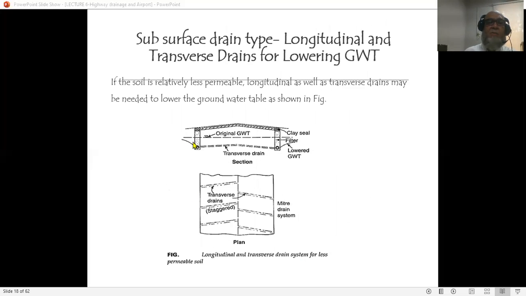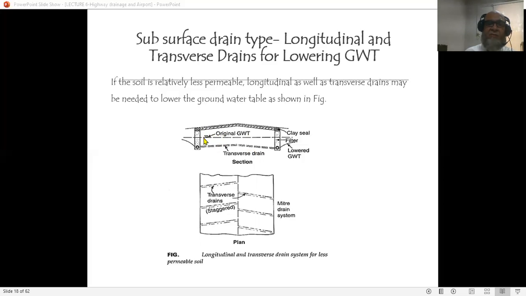Sometimes providing longitudinal pipes may not be enough. So along the length of the roadway, you also connect these pipes to these longitudinals. So what is happening now? The water will be lowered.